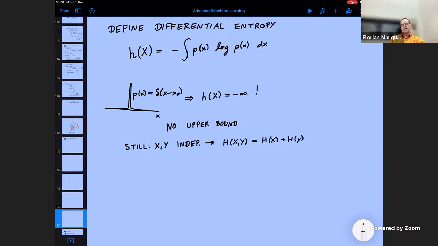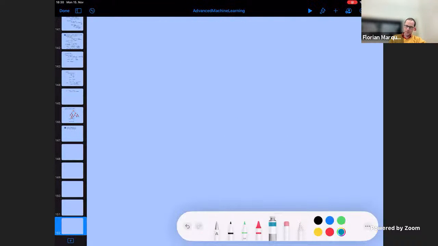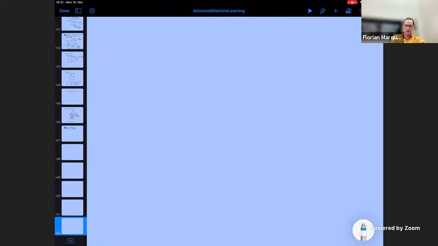There is another slightly funny thing going on with the differential entropy. And in order to appreciate this, let me go back for a quick moment to the entropy for the discrete case itself. So I could have a probability distribution like this. And now I could turn it into another one simply by permuting entries.